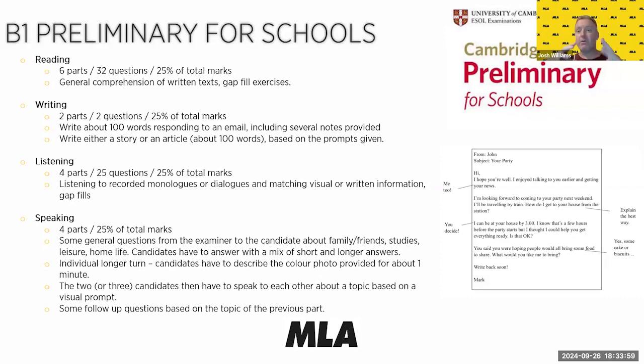So if that speaking part was about that sort of school trip, okay, the examiner might ask some questions about, do you think it's important for students to go on school trips? Or, do you think students, I don't know, spend too much time shopping? Okay. Things like that.